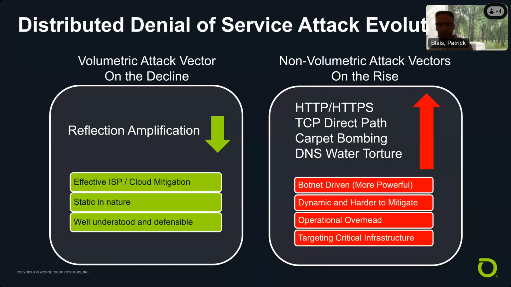So the not so unexpected thing that we're seeing is that attackers are performing advanced reconnaissance to understand the target and then design specific attacks. So we're seeing tailored attack traffic, including application layer. And all this is just to maximize effectiveness. So in summary, the static DDoS has evolved into dynamic DDoS.